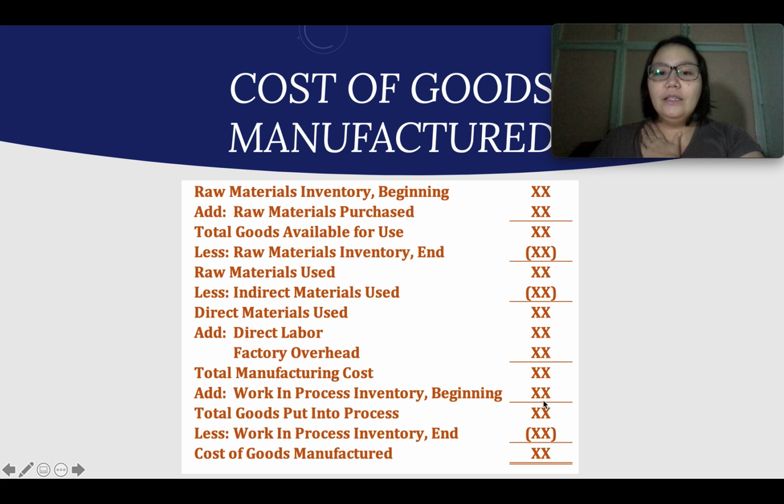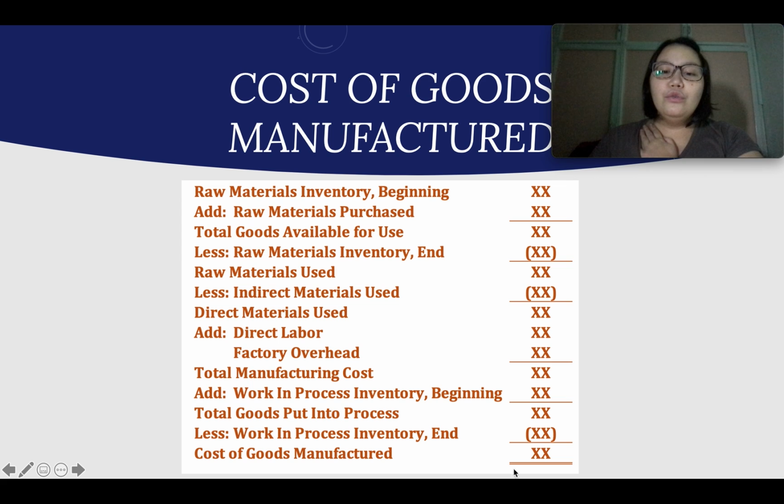When we add the work in process inventory beginning to the total manufacturing cost, we'll arrive at the total goods put into process, and then deduct the work in process inventory end, that is our cost of goods manufactured. Basically the work in process inventory end are the goods that we have started in process but haven't finished at the end of the accounting period or at the end of the month.